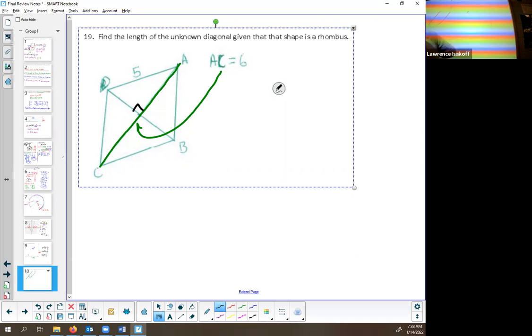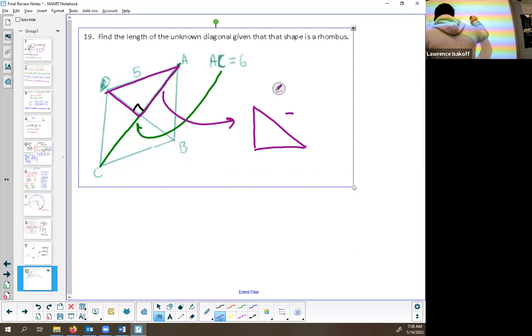Now, since this is a right angle, I'm going to pull out a triangle to draw. So I need to figure out what D to B is. Right away, I'm going to look at this purple triangle here. I'm going to pull this out and redraw.